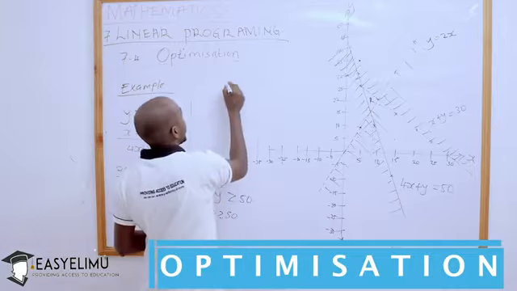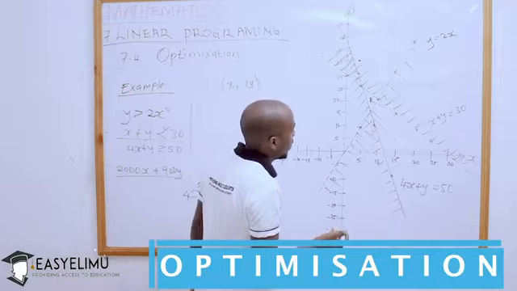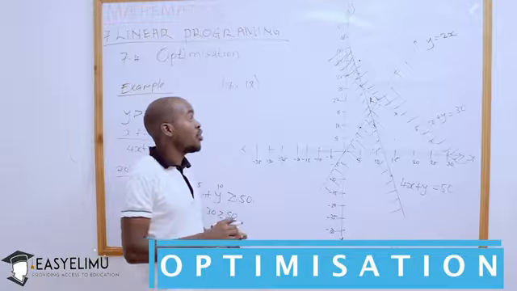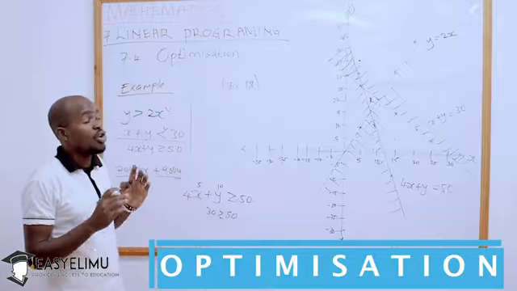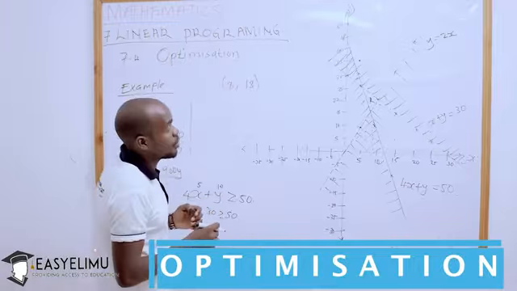So we may find it is 8 and 18. We may find another point like 8 and something else. So it depends on the points you will find from your Cartesian plane after drawing the inequality. Draw it and you see what kind of points we will find.